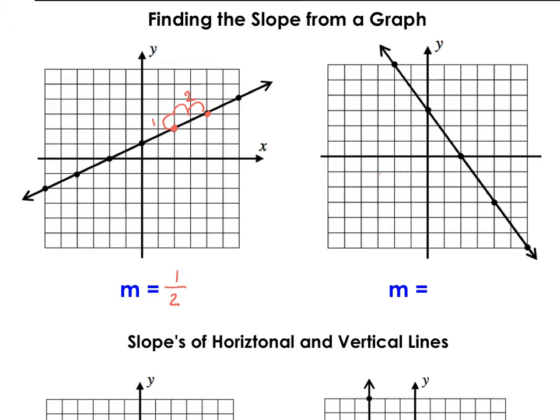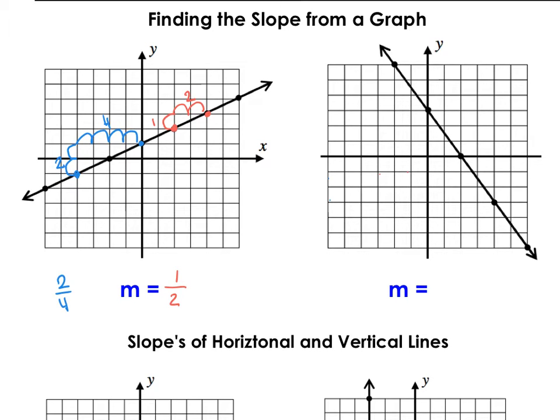Now, some people say, does it matter which 2 points I pick? Well, actually, it doesn't. If I picked these 2 points over here and here, let's try it again. In this case, I go up 2, and I go over 4. So my slope here would be 2 over 4. Now, I know what you're saying. Mr. Siegel, that's not the same as 1/2.